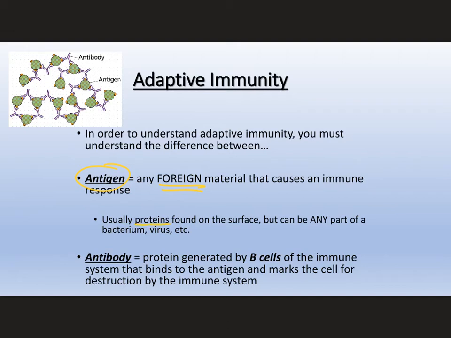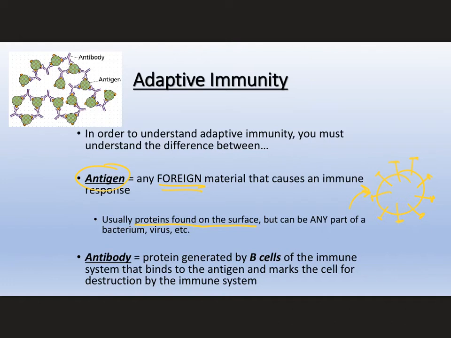Oftentimes these are proteins found on the surface of a virus. If you've seen pictures of the coronavirus, they look like this with these little thingies on them. These little thingies are proteins, which would be antigens, right? So it's something foreign that our body recognizes that leads to an immune response.